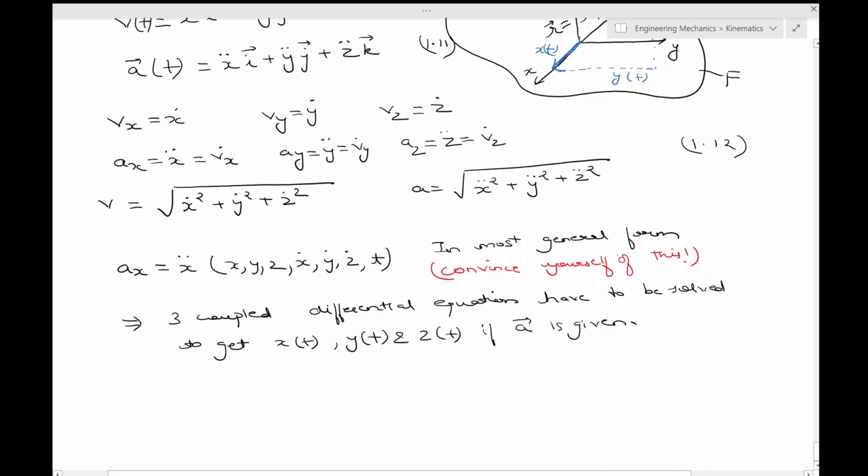Let's take an example. If ax is equal to x double dot is a function f1 of x, x dot, and t. Okay, then it can be integrated just like in rectilinear motion.